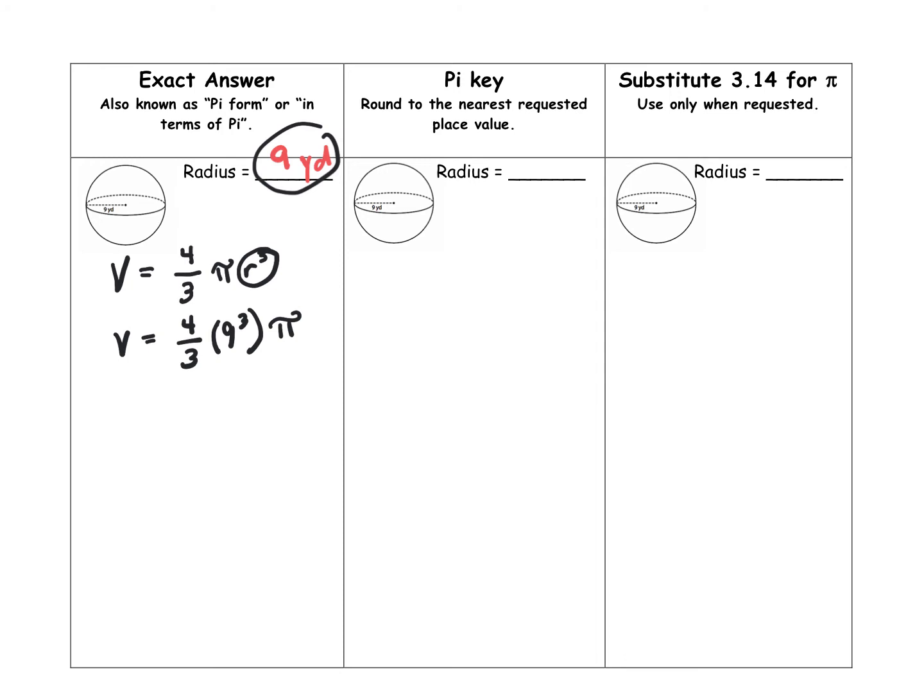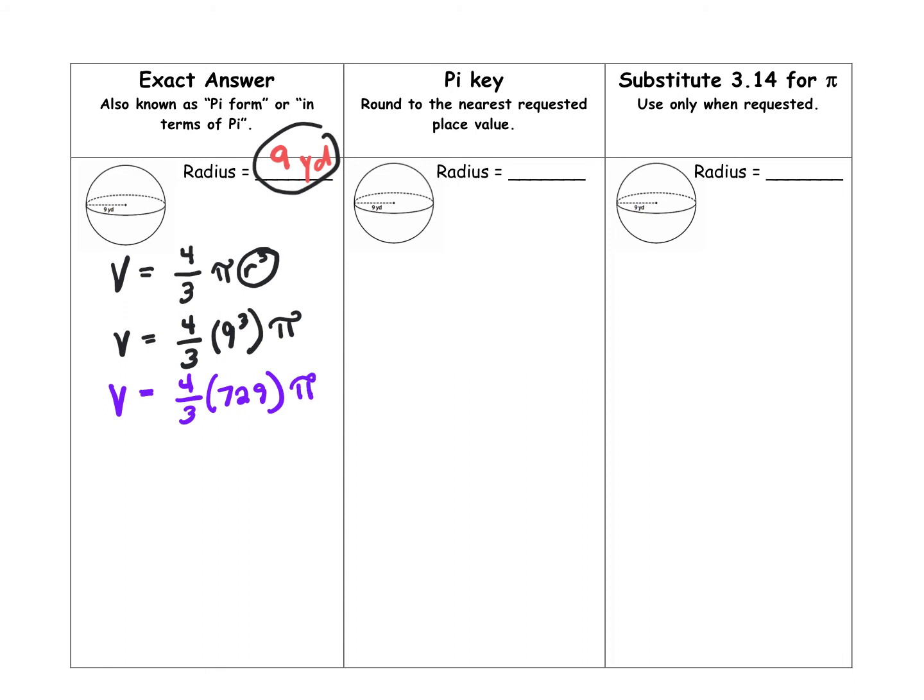So would you take 9 and raise it to the 3rd power, or would you take 9 times 9 times 9 and then look back and check with the result? So we should have 4/3 times 729. That's what happens when we raise 9 to the 3rd power, and then we have the pi key.